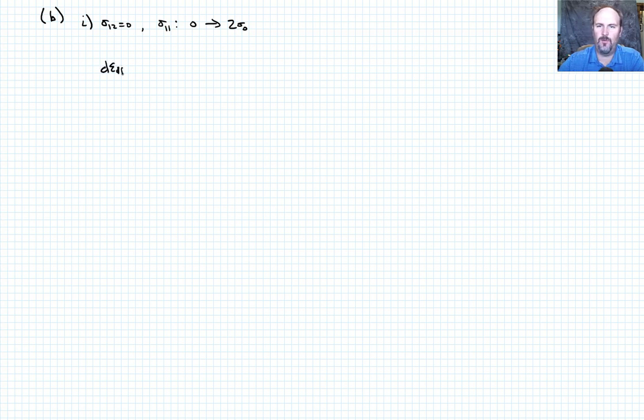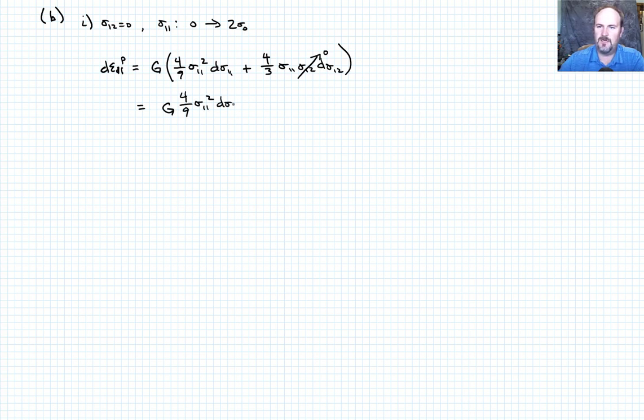D epsilon 1,1 p from our previous equation gives us g times 4/9 sigma 1,1 squared d sigma 1,1 plus 4/3 sigma 1,1 sigma 1,2 d sigma 1,2, right? And d sigma 1,2 for this stage is 0. So we're left with the quantity g times 4/9 sigma 1,1 squared d sigma 1,1.